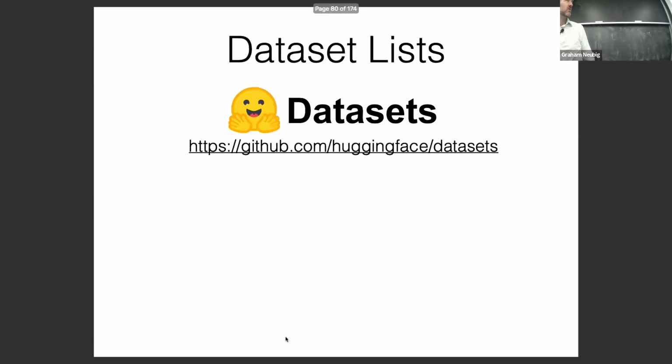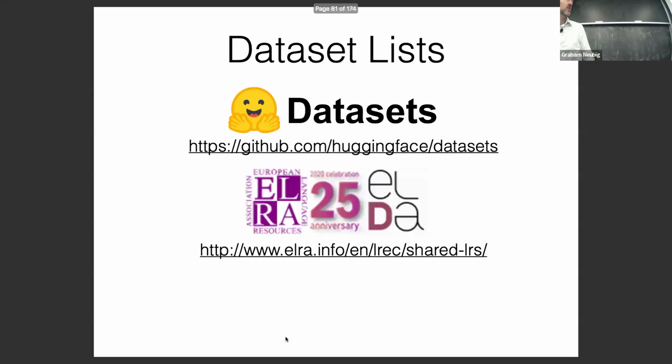For data set lists, the best one, I think by far, in natural language processing nowadays is Hugging Face Datasets. There are also other data resources, like LRE, another one from the more traditional natural language processing community. There's also the LDC, the Linguistic Data Consortium, and there are some older, heavily annotated data sets that are only available through those.